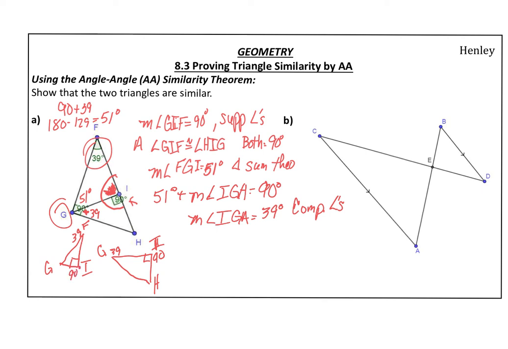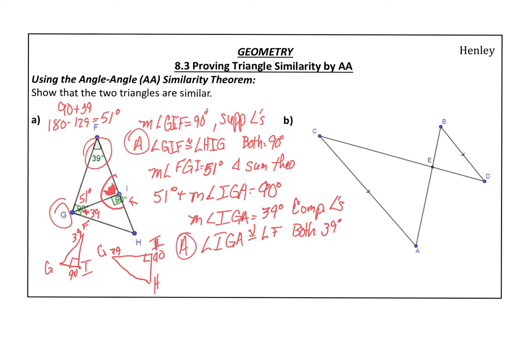So because of those being congruent, we can say angle IGA is congruent to angle F because they're both 39 degrees. So that gives us our second angle.